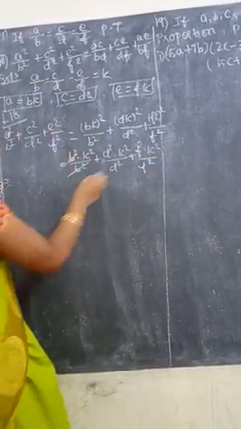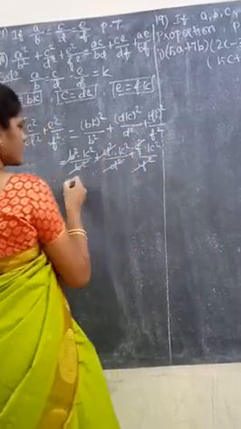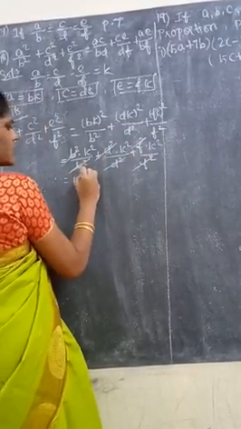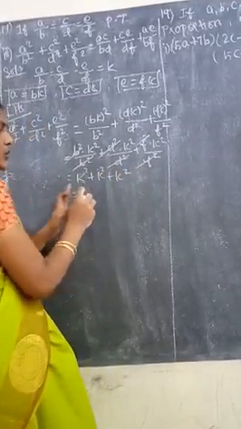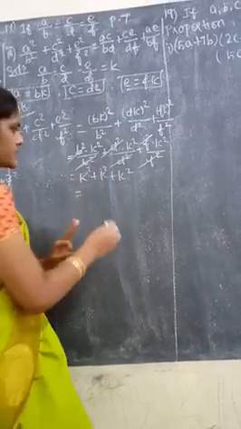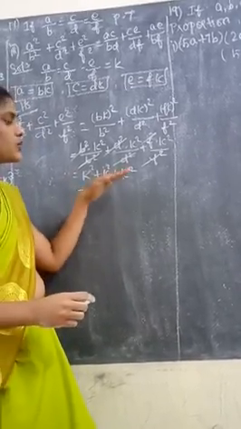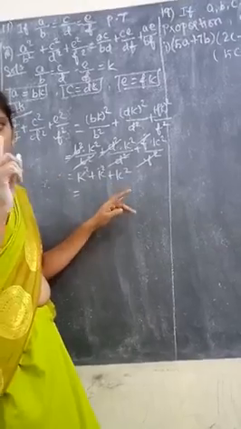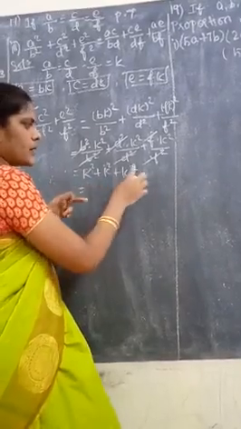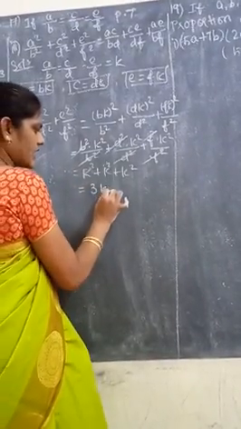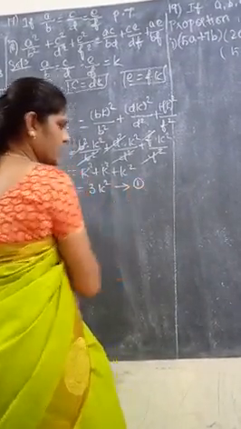Next b squared cancels, d squared cancels, f squared cancels. So k squared plus k squared plus k squared, equal to k squared 3 times. Most of the students write this as k power 6. That is wrong. This is not a multiplication, it's an addition. So 1 plus 1 plus 1, 3. 3k squared. Take this as equation number 1.